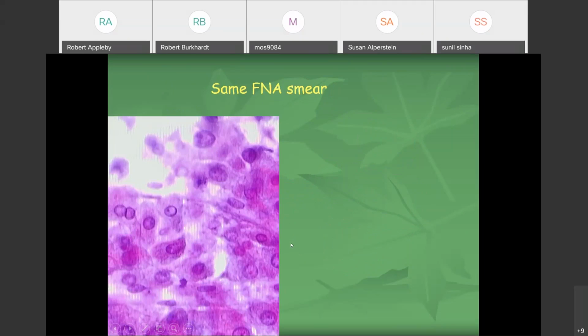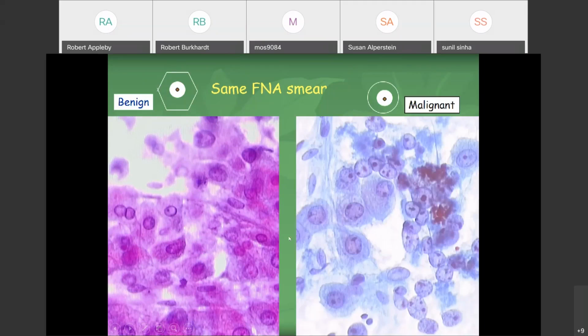Here's a teaching case I had at NYU. Same FNA smear of a very small liver lesion. Abundant cytoplasm, reticulum. Is it rounded and increased NC ratio?